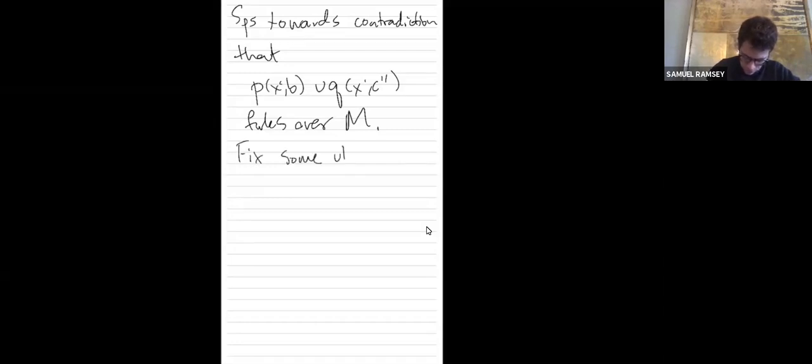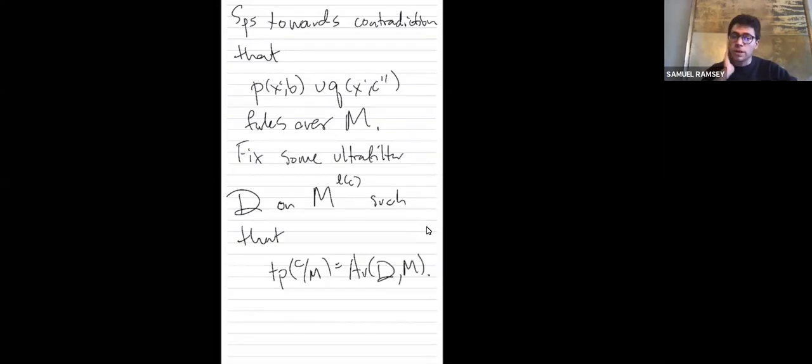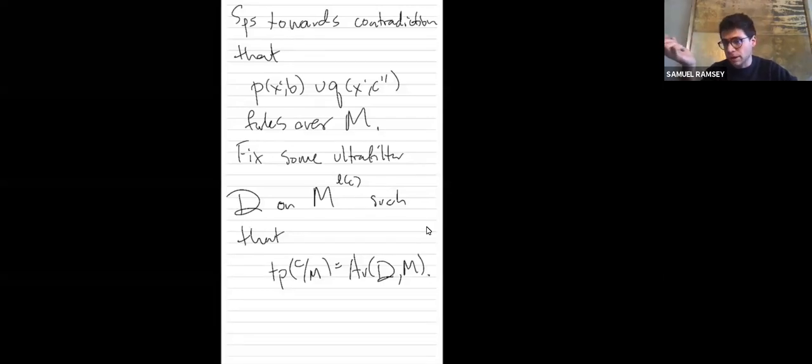some ultrafilter D on our model M to the length of C, such that the type of C over M is the same thing as the average type of D over M. So we proved before that if you have a type over a model, it is always the average of some ultrafilter on the model, because types in models are finitely satisfiable.